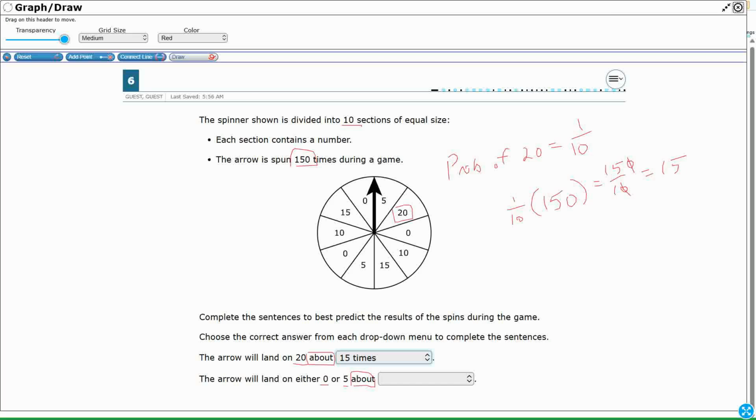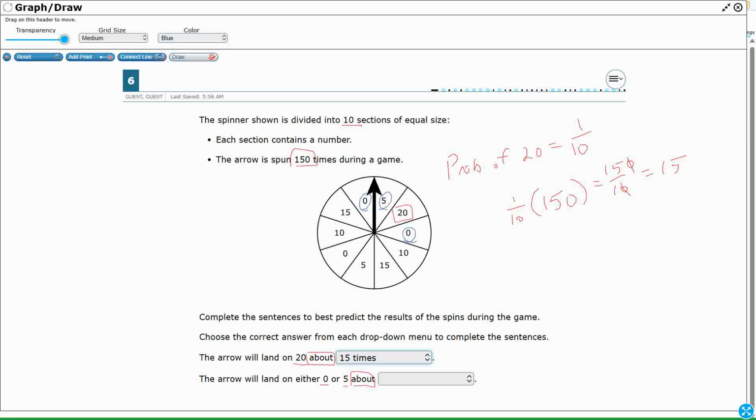Now let's look at 0 and 5. All right, so I've got 1, 2, 3, 4, 5. Okay, so I've got 5 zeros or fives, probability of 0 or 5, 5 out of 10.